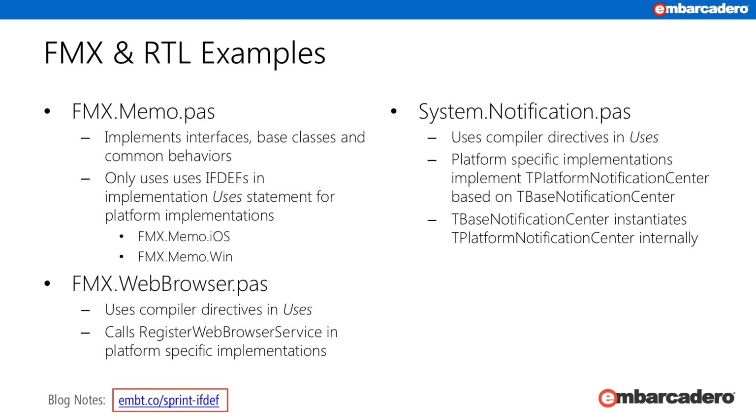So, for example, for the memo, it links in either FMX.Memo.iOS or FMX.Memo.Win, depending on which platform it's compiling for. Then within that platform-specific implementation, it implements the behaviors and links against the libraries that are specific for that platform. So in your code, as a developer, you use System.Notification or FMX.WebBrowser. You don't have to be aware of what that unit uses beyond there.